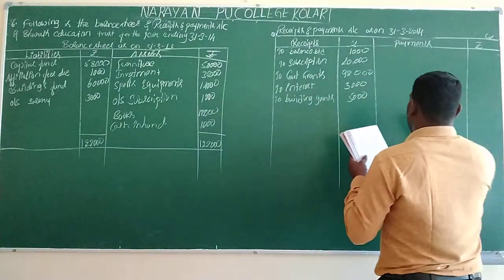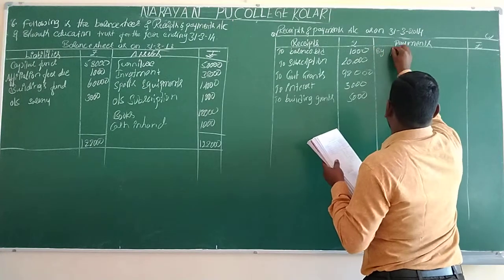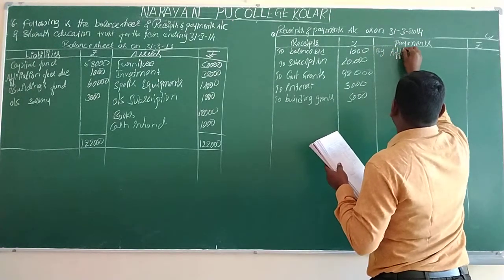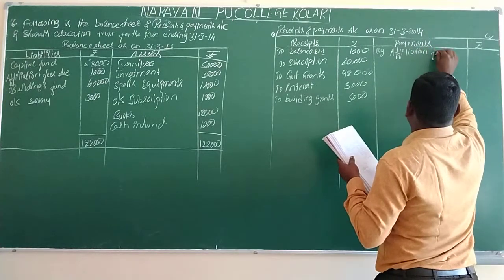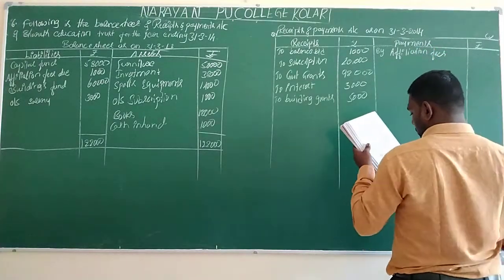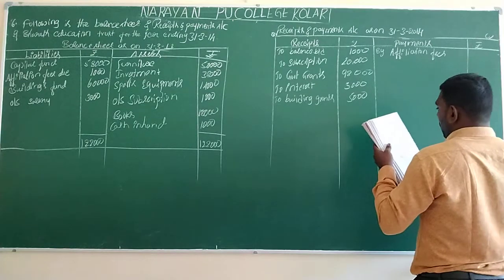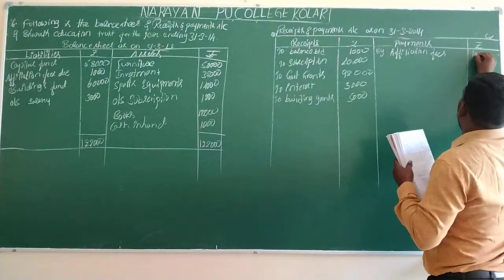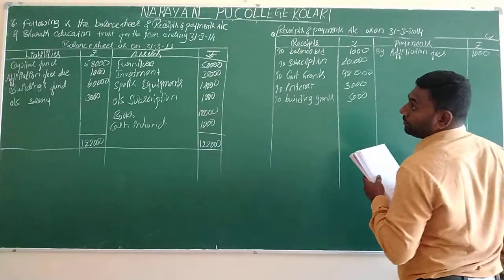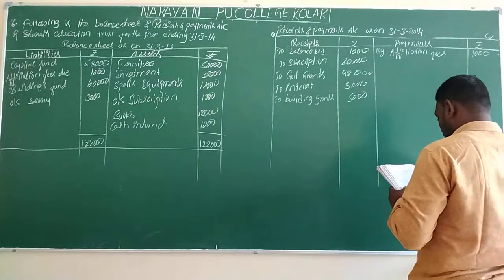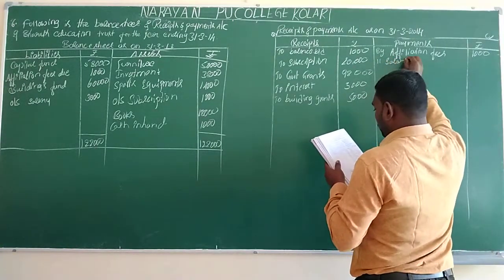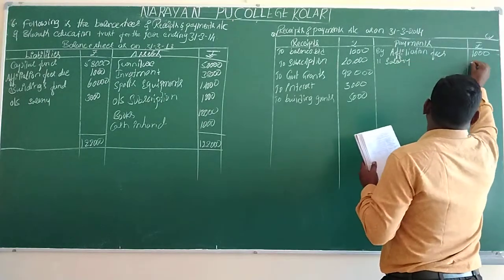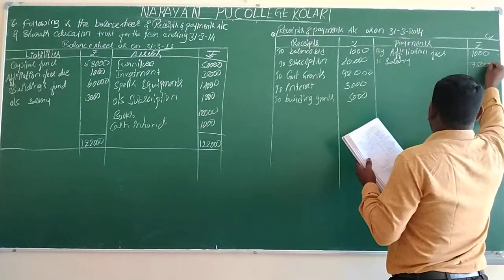Let's come to the payment side. By affiliation fees 1,000. By salary 75,000.